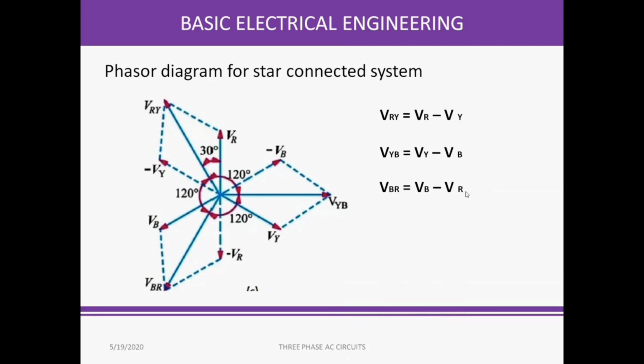Now we'll draw the vector diagram by taking VR, which is a vertically upward vector, then VY, which is lagging VR by 120 degrees, then VB, which again lags the second vector by 120 degrees. Now these are the vectors VR, VY, VB.